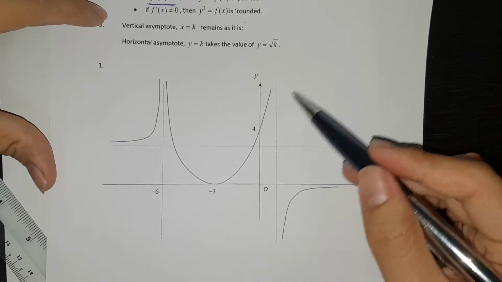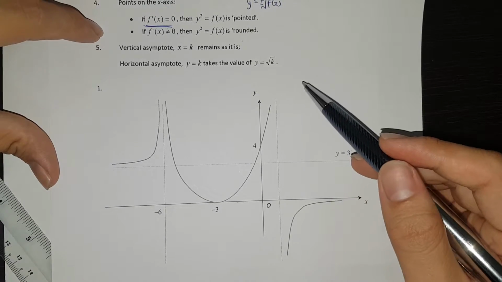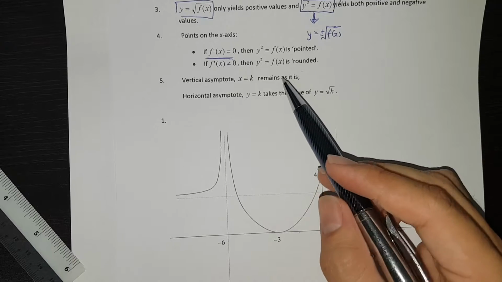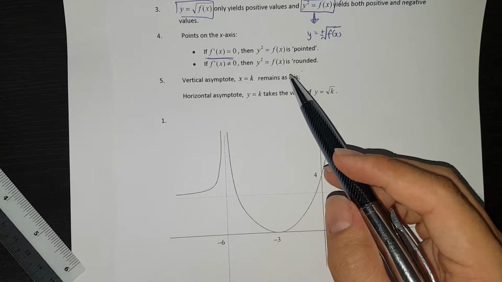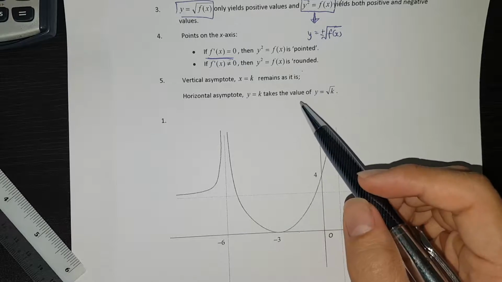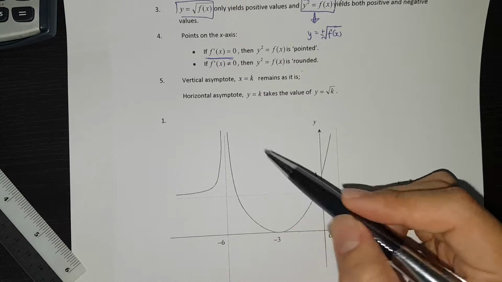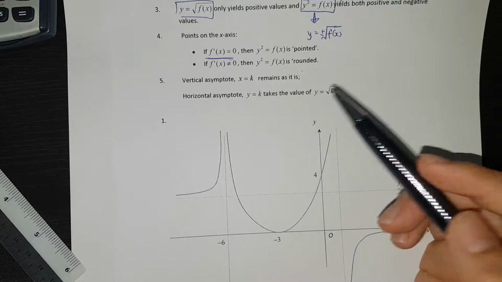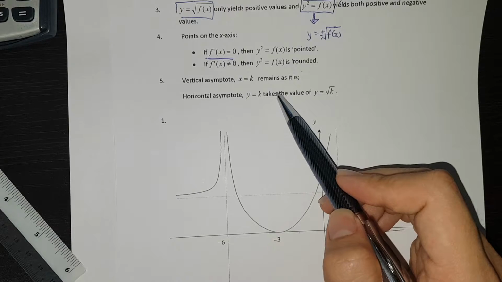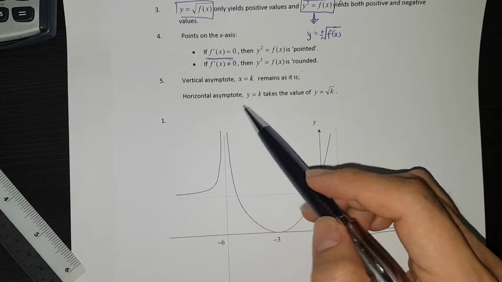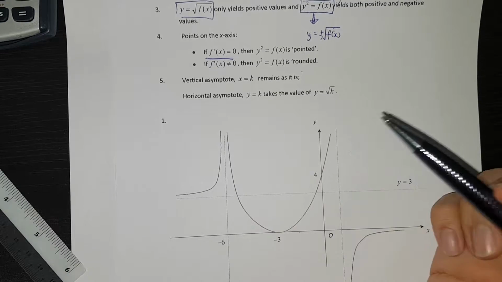Later I'll show you what pointed looks like. Now number 5: the square roots graph is one of the easiest to manage because it's simple, most things stay intact. For example, the vertical asymptote will remain as it is, and the horizontal asymptote y equals k becomes y equals root k.